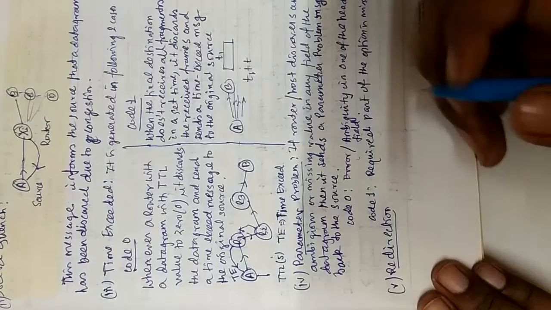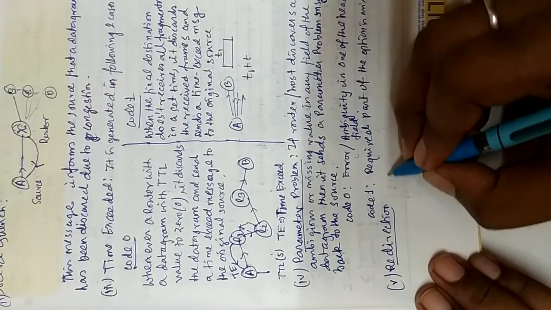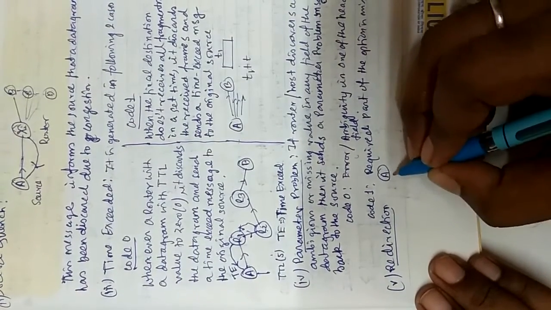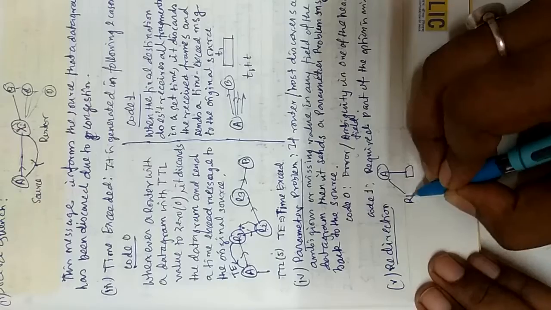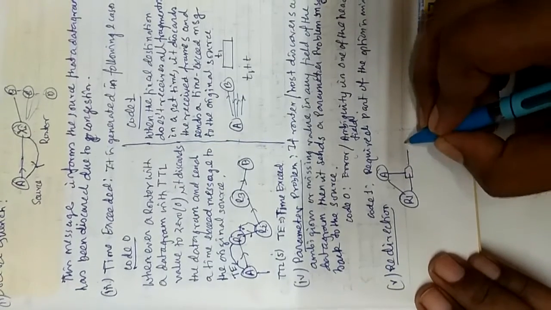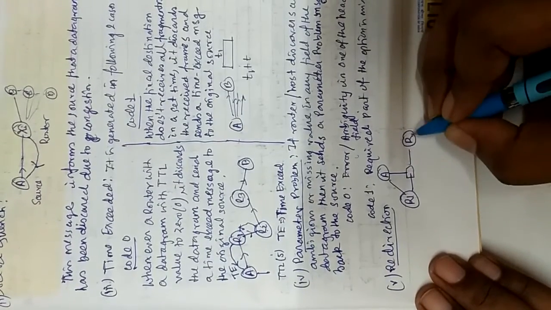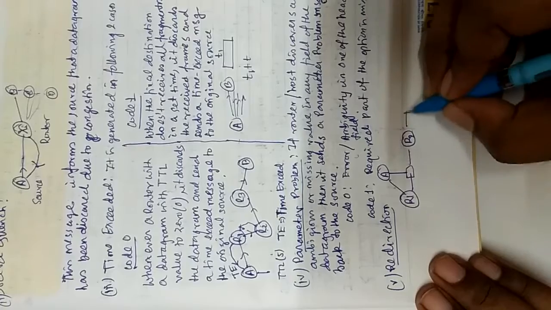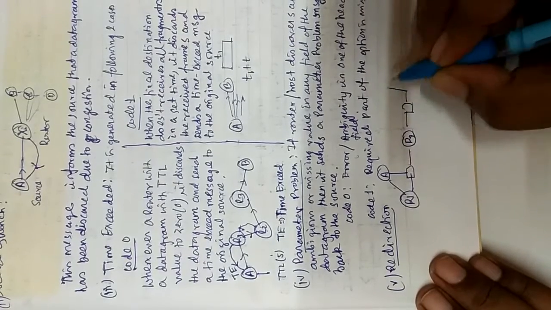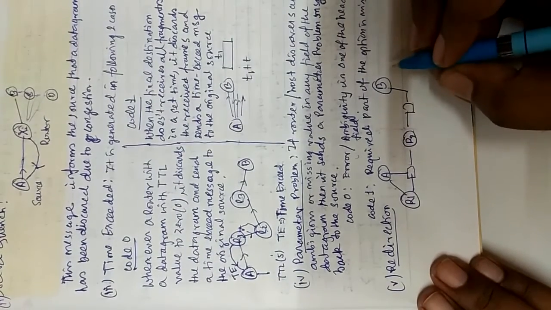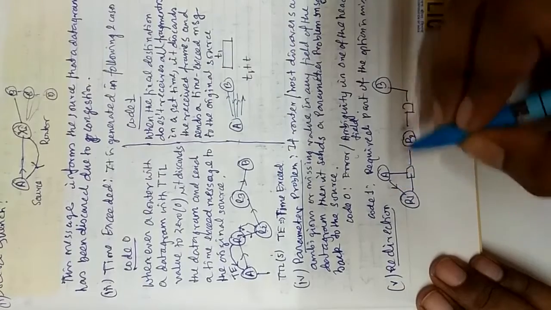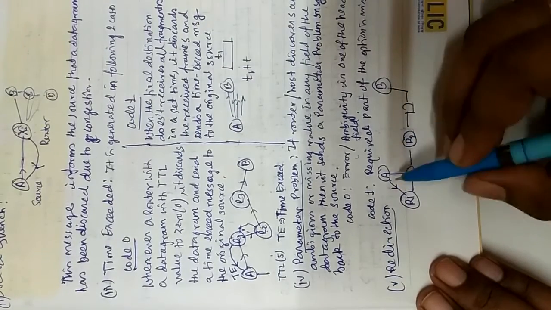Pictorially, suppose this is A and this is router R1. This is router R2, and there is another hop, and from here you want to go to B. Now suppose A sends a message to B via router R1.